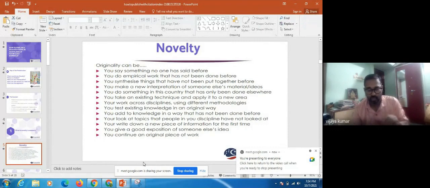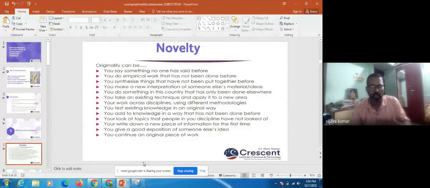But one different way of achieving novelty is to use unexpected research designs. For example, if a literary researcher is using a scientific research design, it is an unexpected research design. So trying different methodologies is one way of achieving novelty.